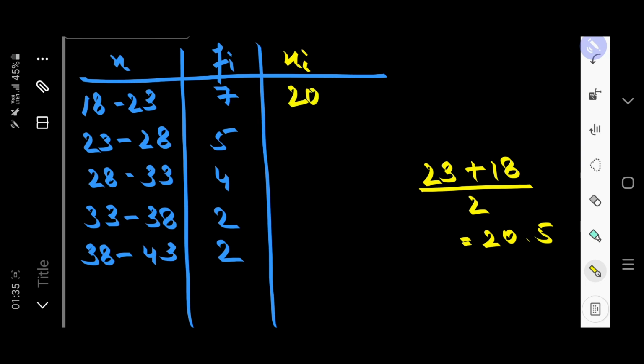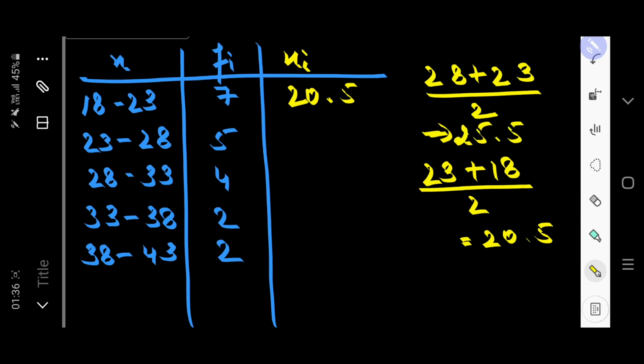So it will be 20.5 here. Then similarly for the next class, 28 plus 23 divided by 2, which is 25.5. Then we do the same for all the class intervals. So the values will be 30.5, then 35.5, and the last one is 40.5.